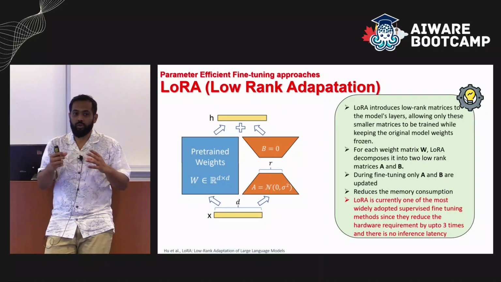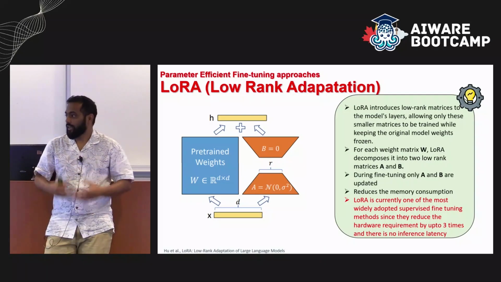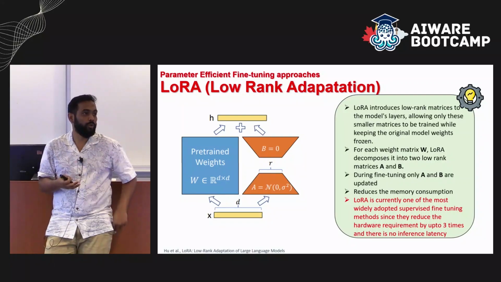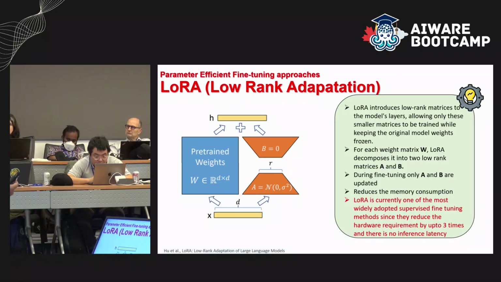This way, we don't have to bring a model down and rehost the model again, which has its own costs, which Boyuan and Hoshang will talk about on the last day. And there is no inference latency associated with it.